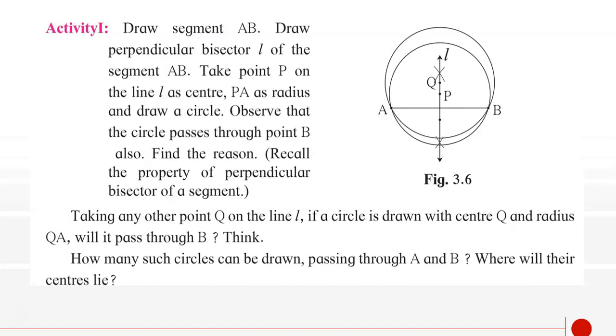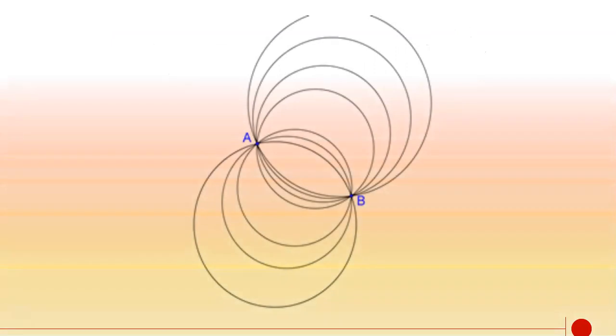And where will their centers lie? So you can have a figure something like this. Innumerable circles or many circles can be drawn passing through both these points and their centers will lie on the perpendicular bisector.